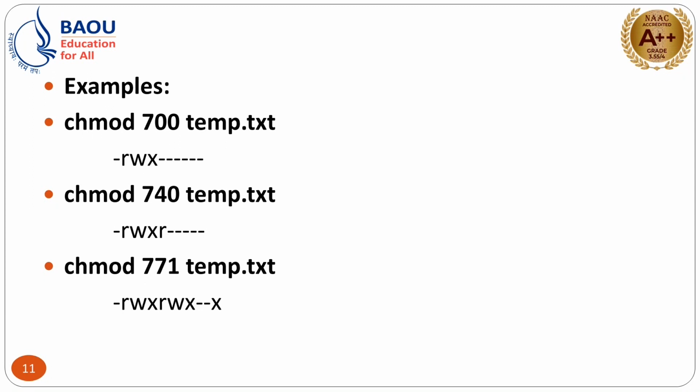The first 7 indicates the user, the second 7 indicates the group, and the 1 indicates the other user. Now the first 7 means you can assign all read, write, execute permission to the user. The second 7 means you can assign read, write, execute permission for the group, and the third digit, 1, means only execute permission, because the binary equivalent is 001.